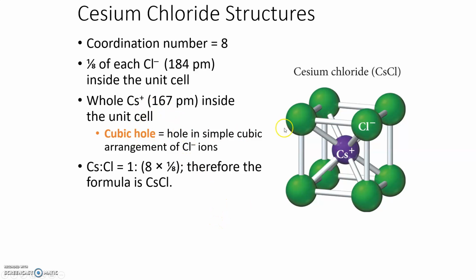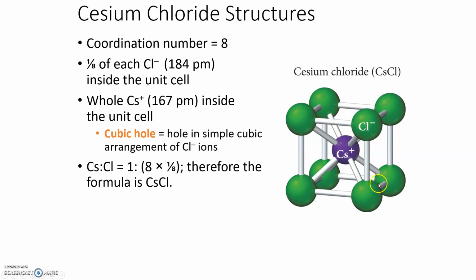As you can see, it has a cubic hole that is occupied by the cation cesium, and is surrounded by 8 chlorides. The formula of cesium chloride is 1 to 1 because every anion of chloride provides only 1/8 of itself to the cell.